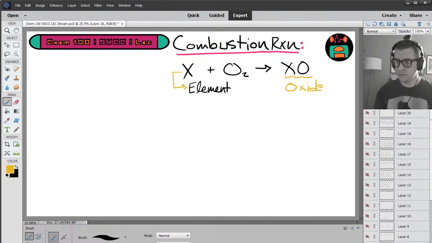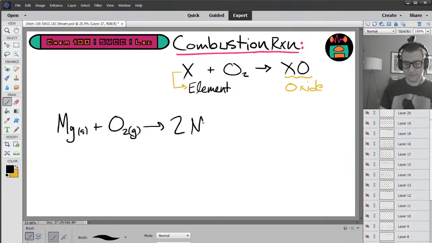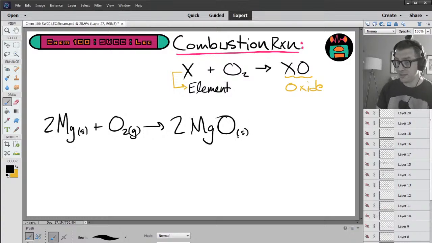So for example, you could have a magnesium metal, solid magnesium, reacting with oxygen gas to make MgO, magnesium oxide.